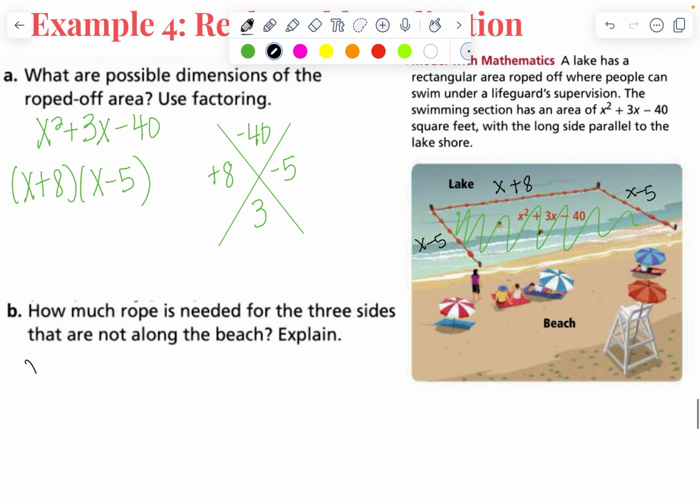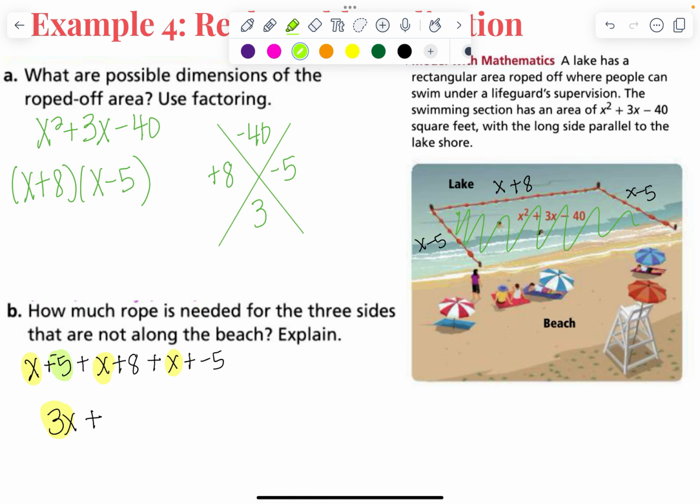So now I just have to add all these up. X minus 5, let's call that x plus negative 5, plus x plus 8, plus x plus negative 5. And combining like terms here, x and x and x is 3x, plus negative 5 plus 8 plus negative 5 is a negative 2.